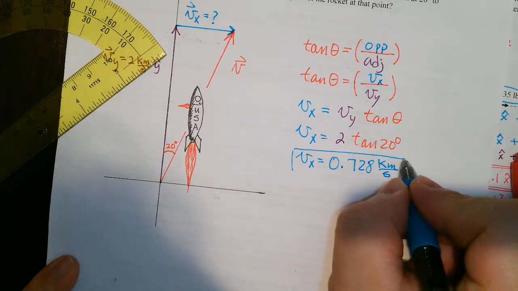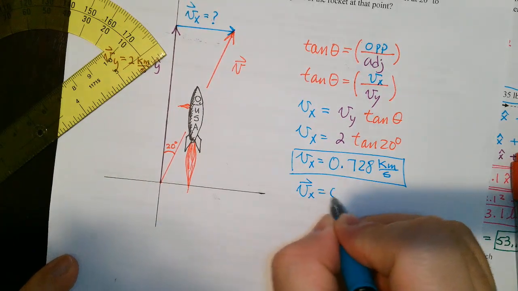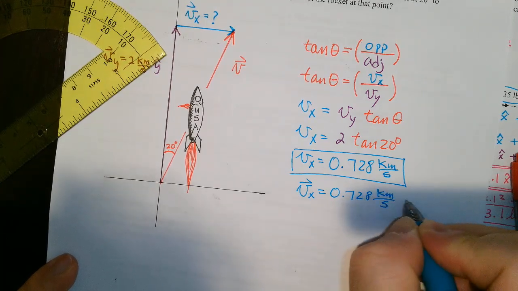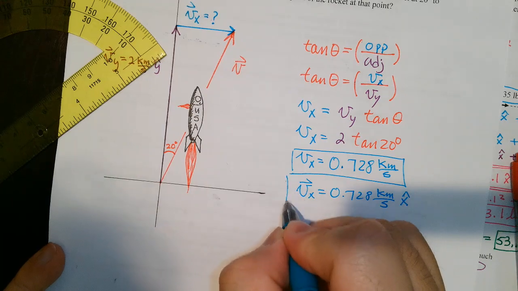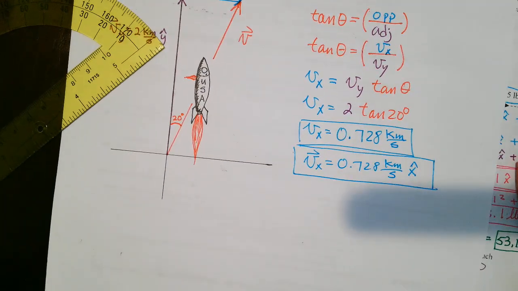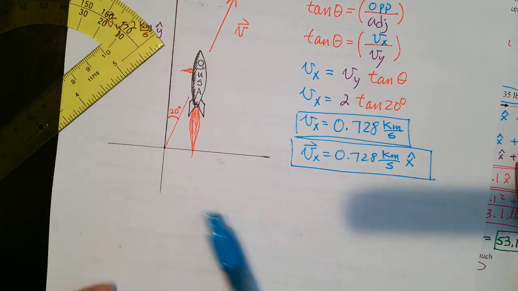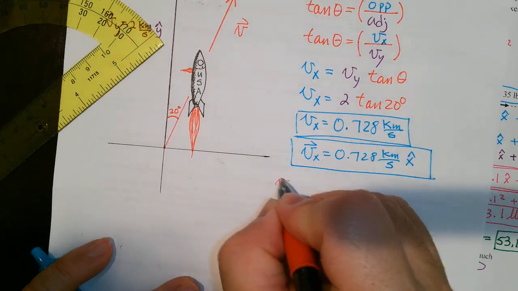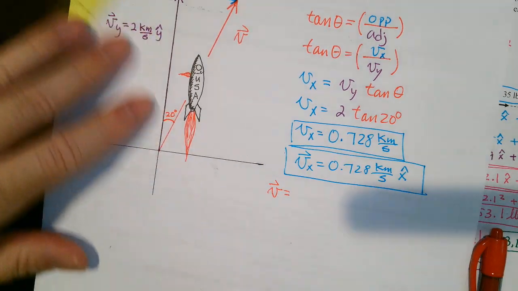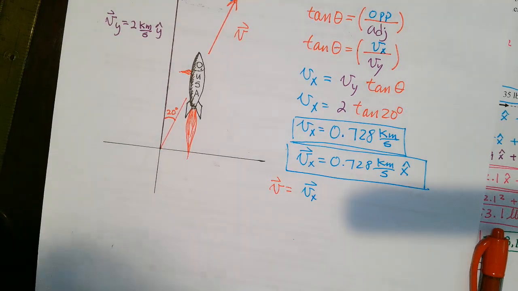If you want it as a vector, then it's 0.728 kilometers per second x hat, which is how fast the rocket has to go horizontally. So we know that now V is equal to Vx plus Vy, right?